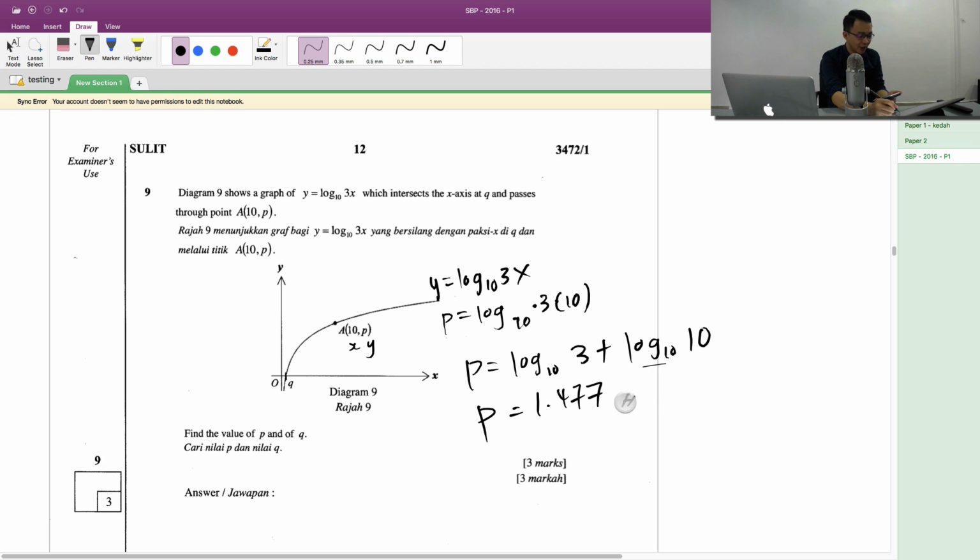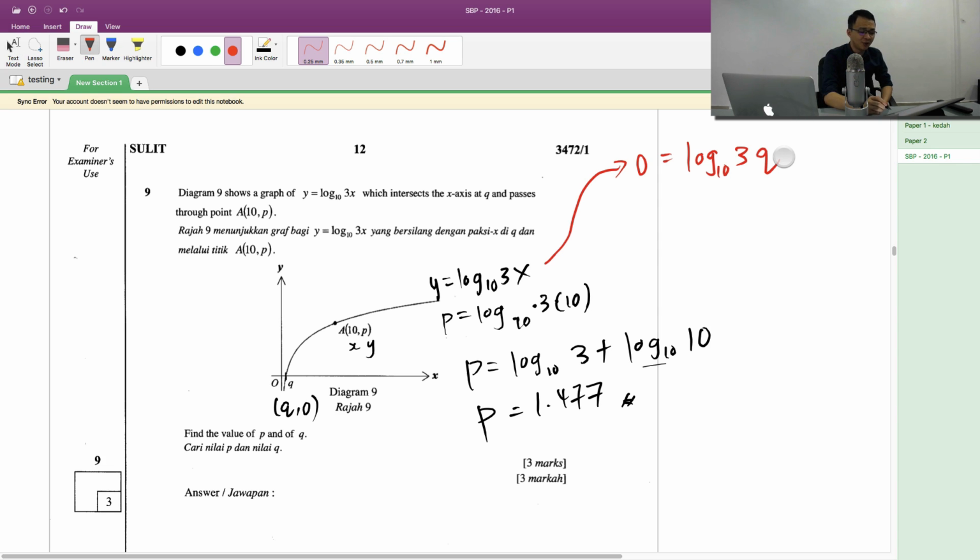Alright, and then I want to find Q. Q is on the x-axis. X-axis means y equals 0. Right, so that means this coordinate is (Q, 0). This is how I write the coordinate. So that means when x equals Q, y equals 0. Then I will substitute back into this equation again. So y equals 0, then the x basically will change to Q, 3Q.